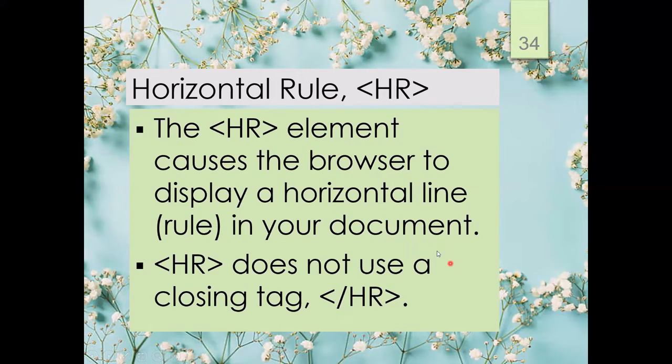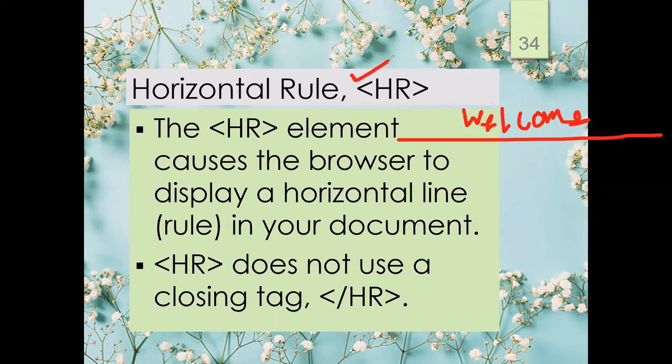Now, another beautiful thing: sometimes whenever some writings are there, say I have written welcome for my page, and if I feel that there must be a wonderful underline over there, then we can get a line which will stretch to both ends of the page. Then we should use the HR tag.